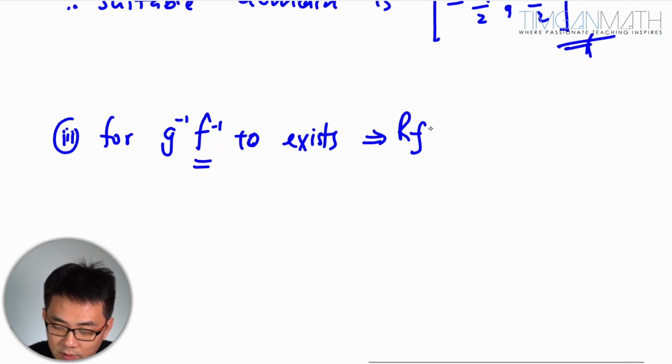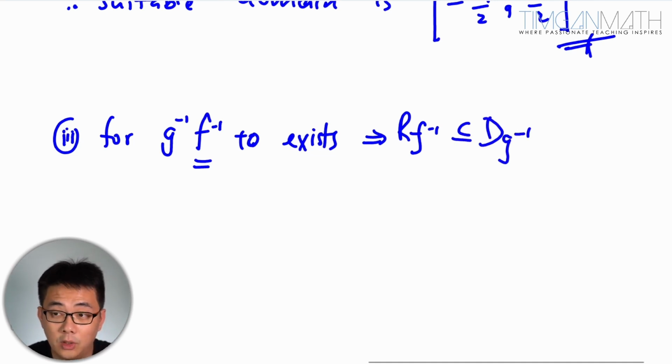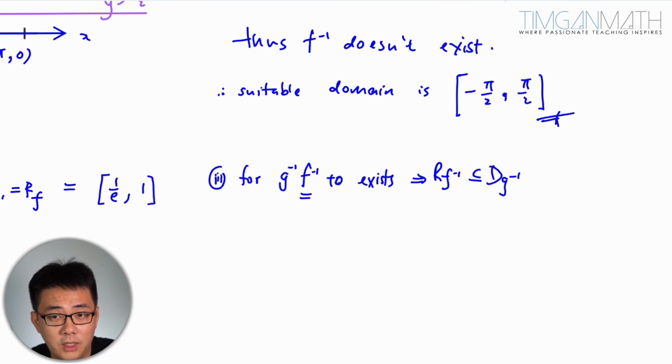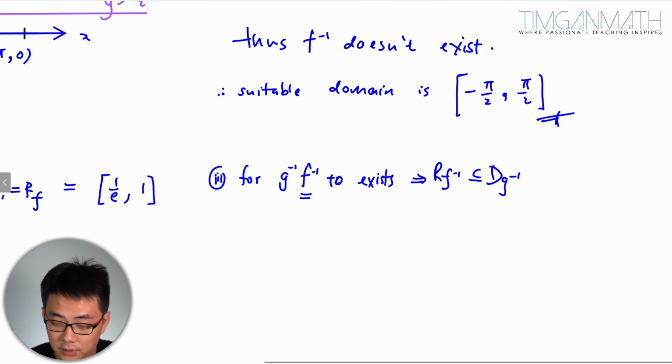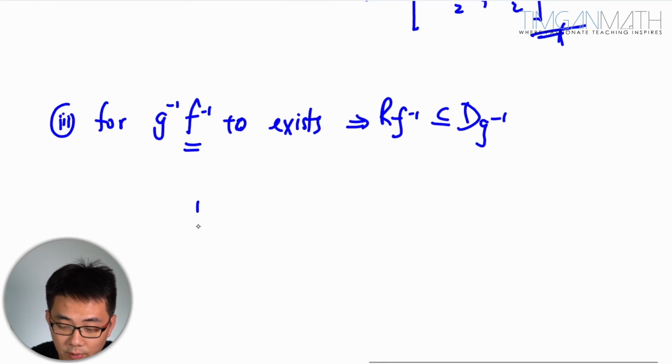The range of the first function must be contained within the domain of the second function. So the first one has to be able to shoot within the means of the second function. So we can write down range of f inverse.